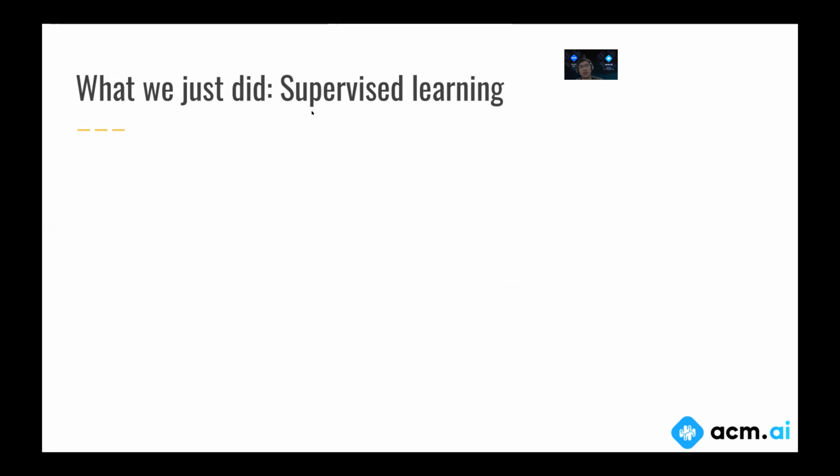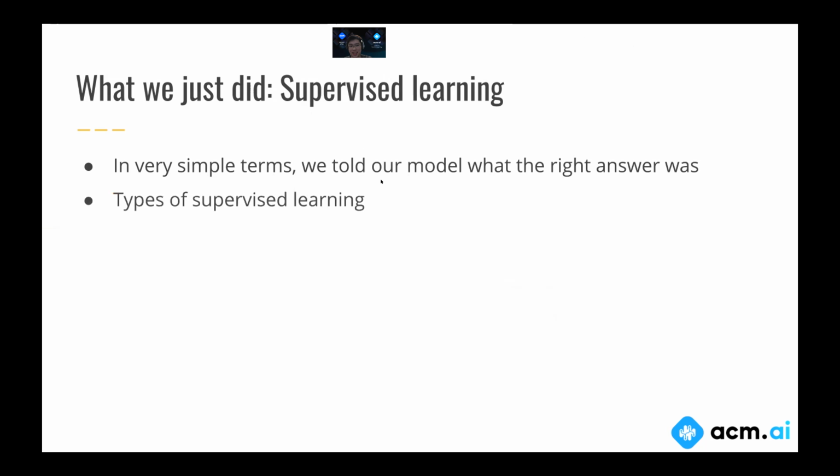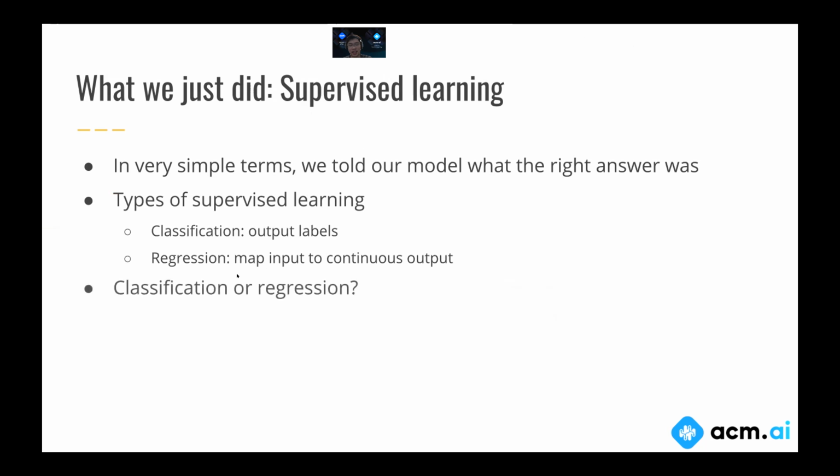All right, so what we just did in this workshop is one of our supervised learning models, which is linear regression. Basically, we told our model what the right answer was, and then our model did its thing. But there are other types of supervised learning, like classification, which we're going to cover in the next workshop.